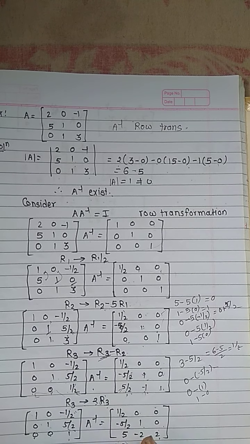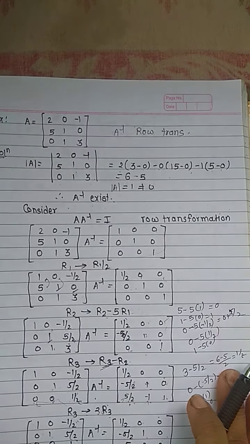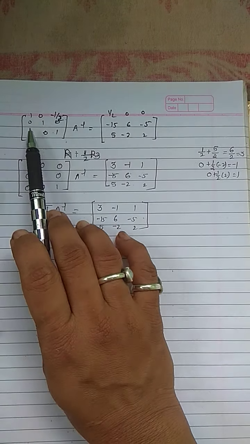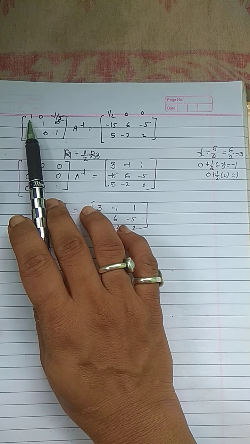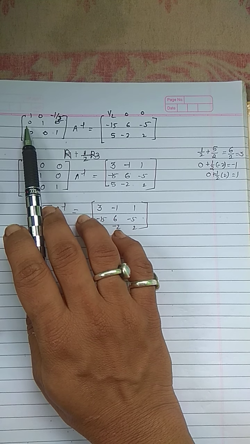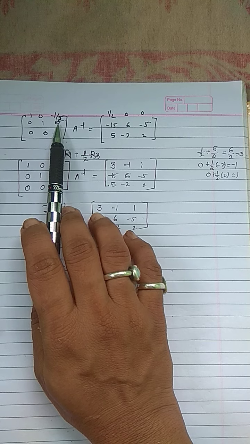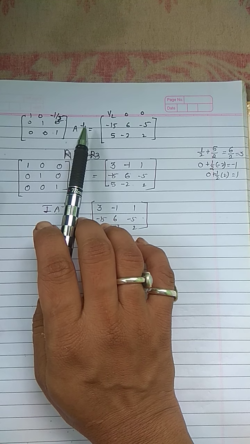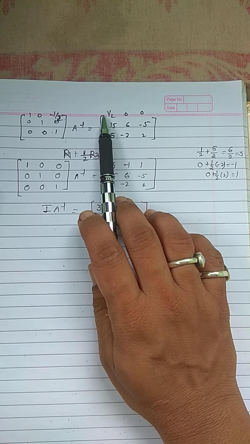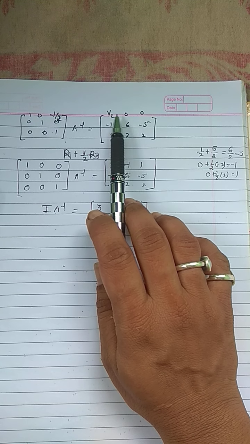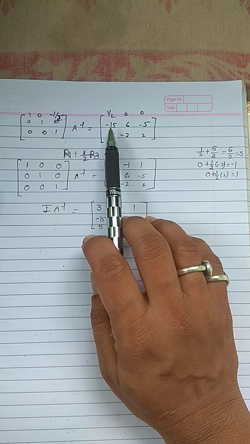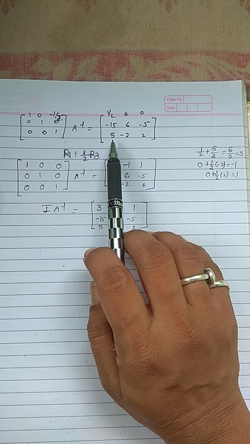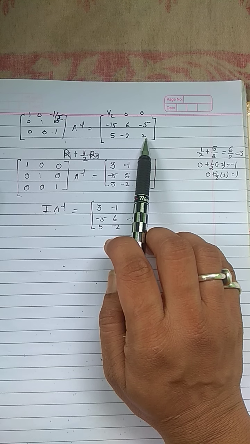R1 and R3 remain the same. Using this operation, we get first row elements 1 0 minus 1 by 2, second row elements 0 1 0, third row elements 0 0 1 into A inverse equal to, in matrix, first row elements 1 by 2, 0 0, second row elements minus 15, 6, minus 5, third row elements 5 minus 2 2.